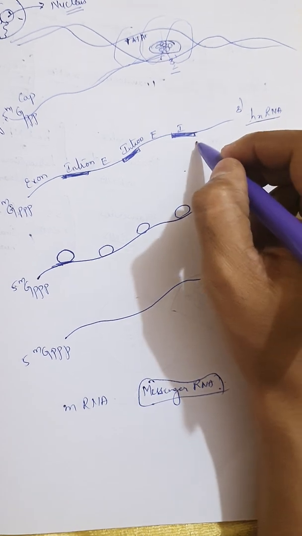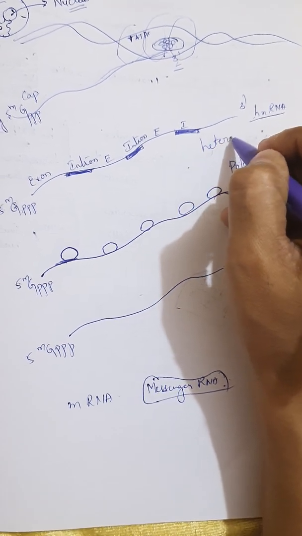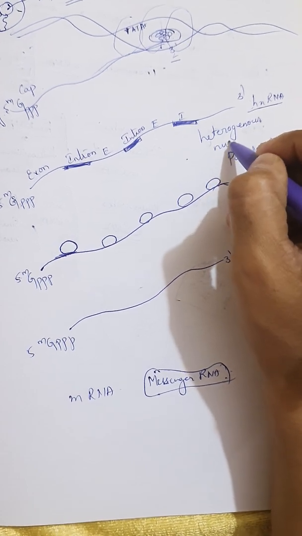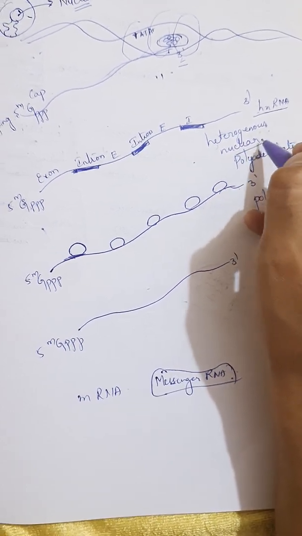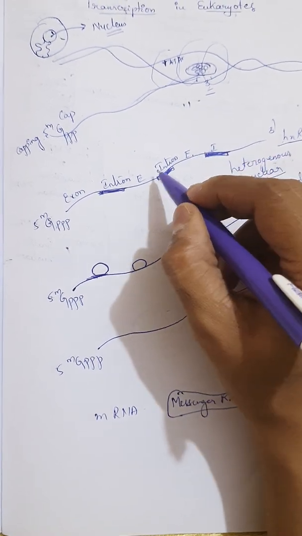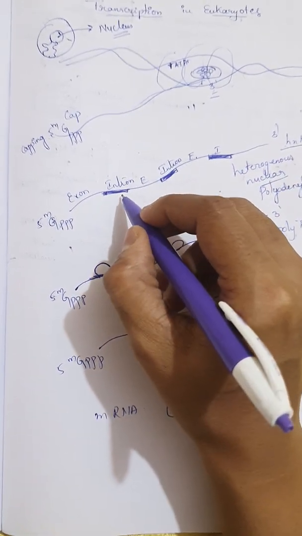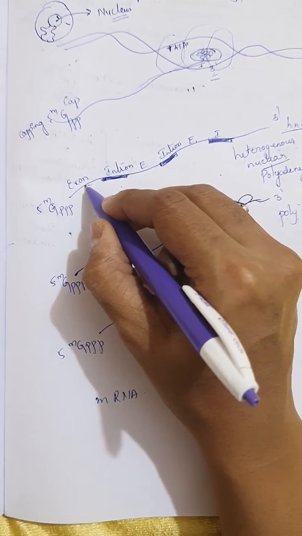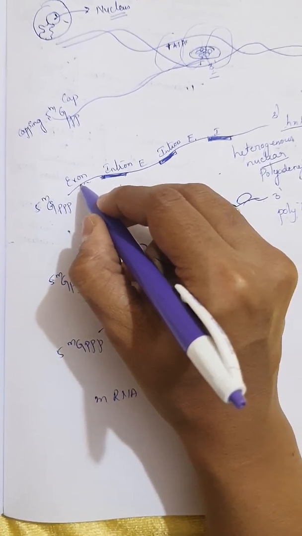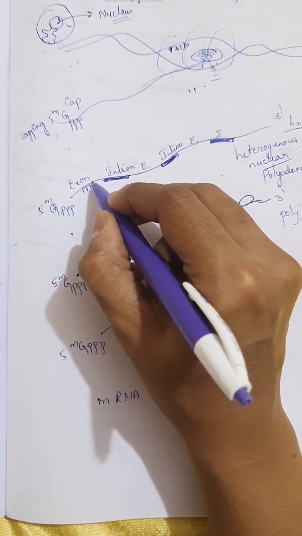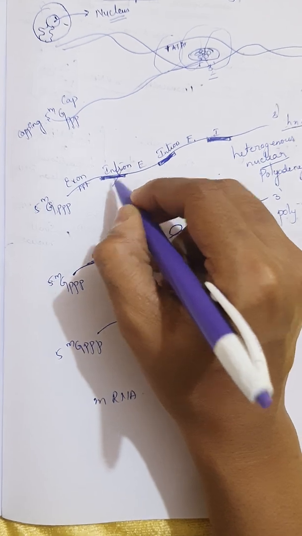We studied that, heterogeneous nuclear. As I told you, heterogeneous nuclear means it contains the introns and also the exons. Now introns are considered non-coding sequences, and exons are considered coding sequences. That means when any protein is to be prepared, it has to take the information from the exon and not from the intron.